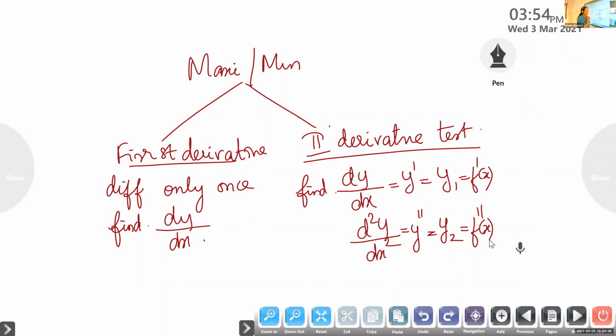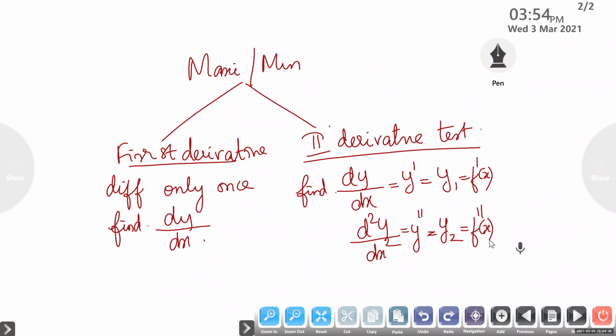So maximum or minimum, we are going to find using derivatives. There are 2 methods. The first method is the first derivative test, in which we differentiate the function only once.